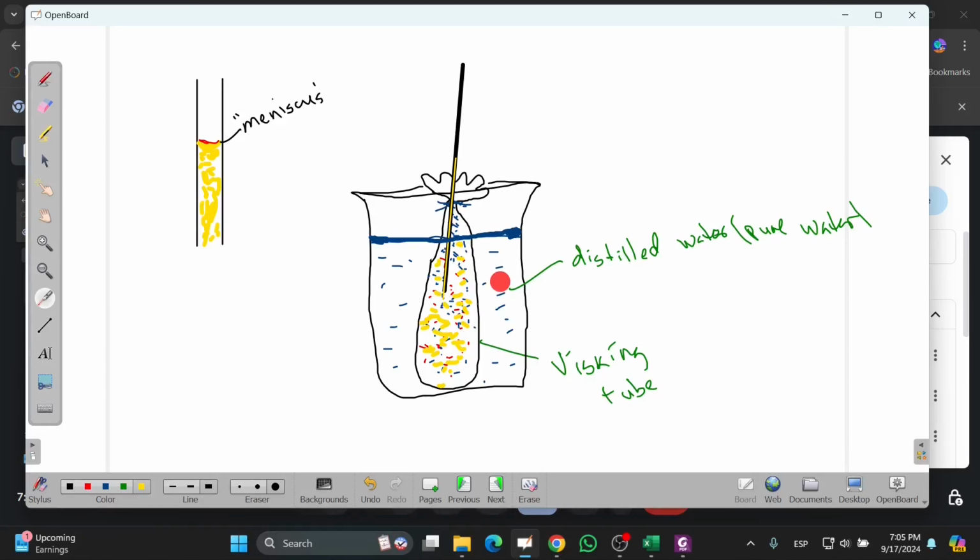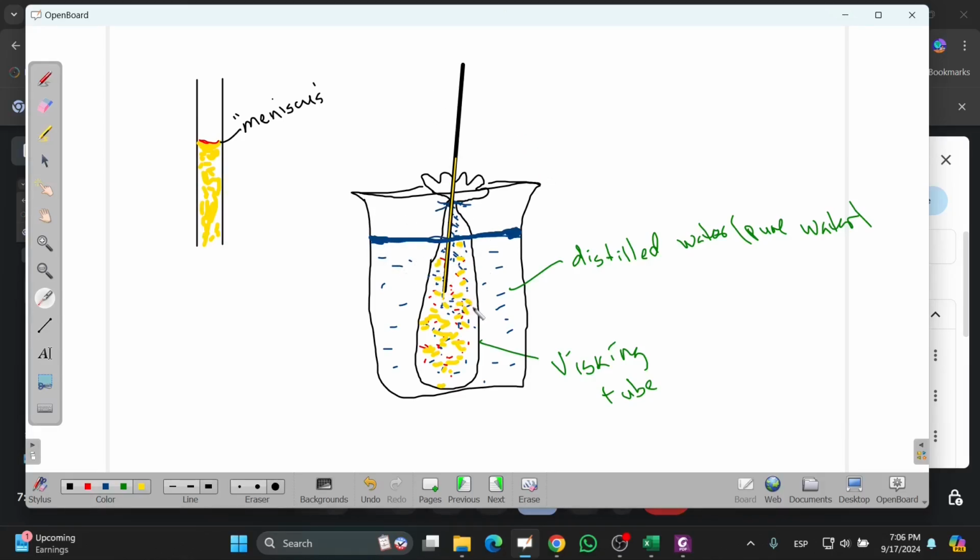That is one option. And then the level of this water will rise, and the level inside the Visking tube will decrease. That could be one thing that may have happened.